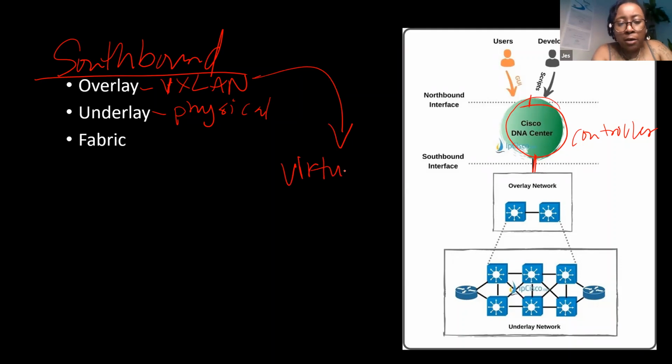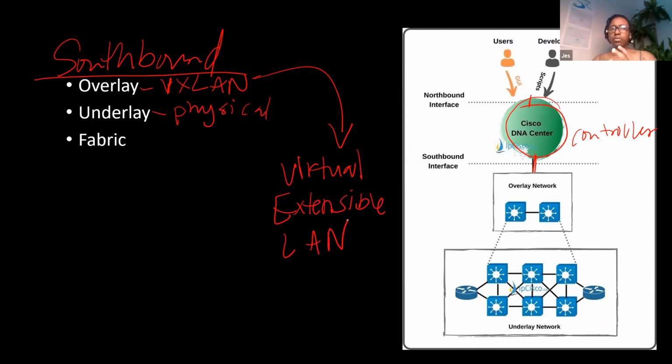So we've got virtual extensible LAN, right? We all know what LAN is, local area network. Okay, so it's a tunnel, right? And this would be considered the VXLAN, right?